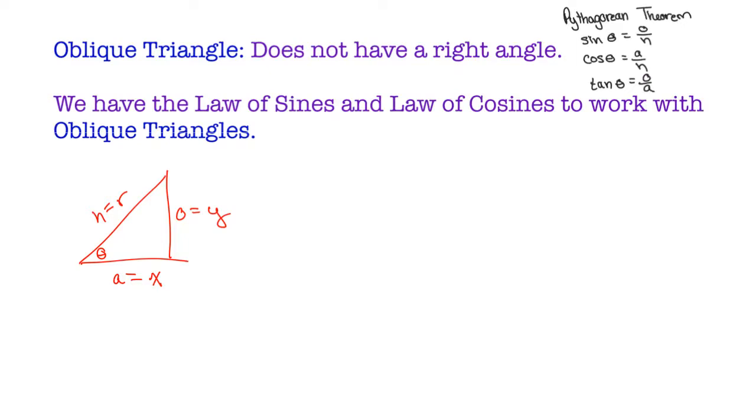And we had all that with a right triangle. Well, now we don't have a right triangle, so how do we relate angles and side lengths? And that's where we have the law of sines and law of cosines, and they work with non-right triangles.